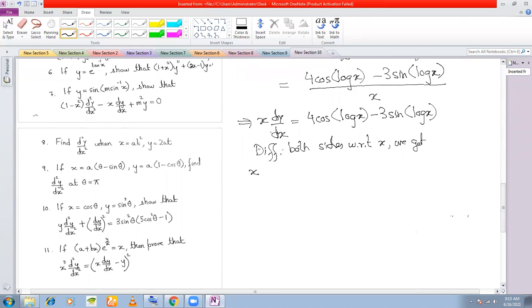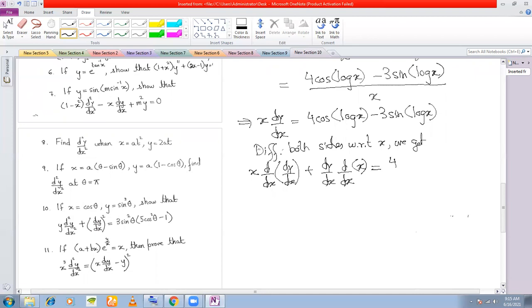x dy/dx can be differentiated by the u into v rule. So x d/dx of dy/dx plus dy/dx into the d/dx of x is equal to... Now you differentiate the right hand side.